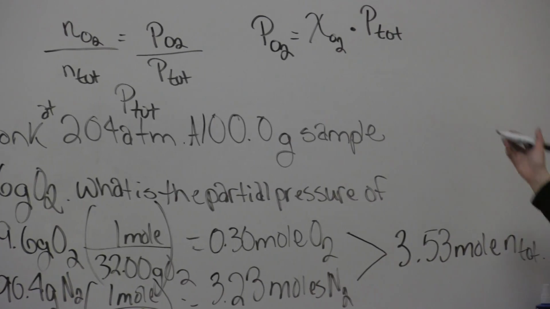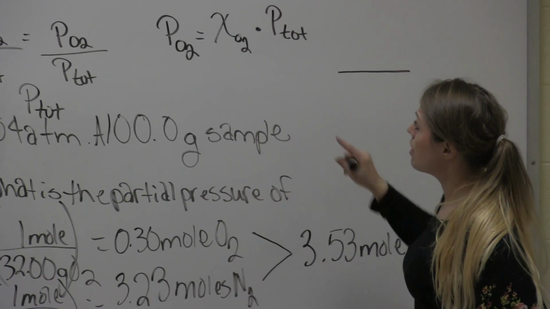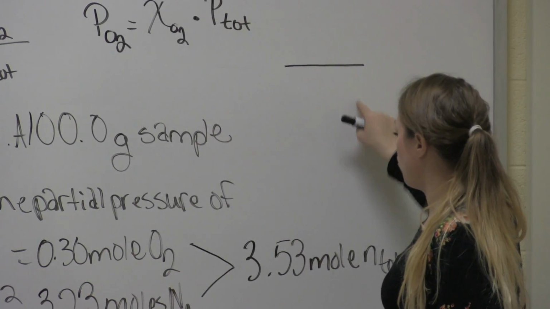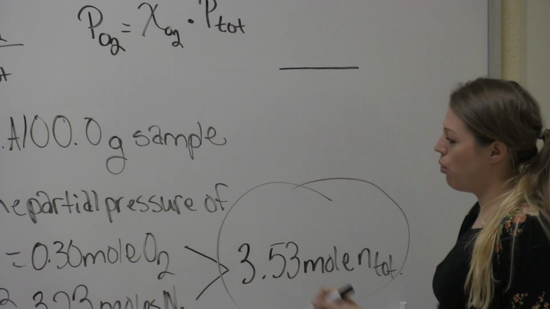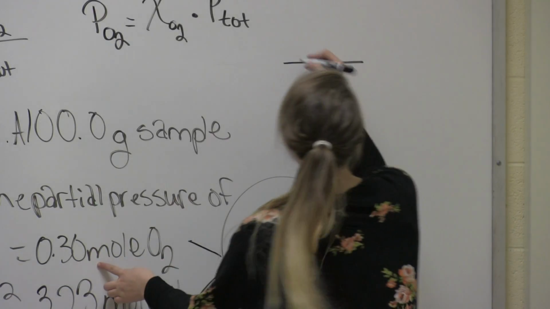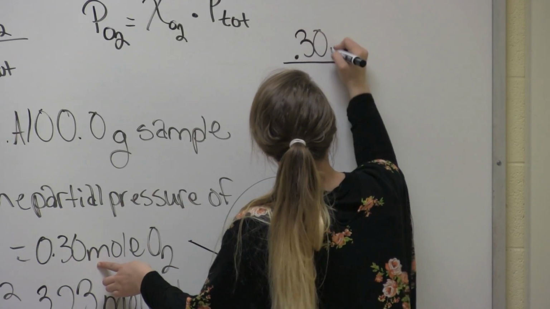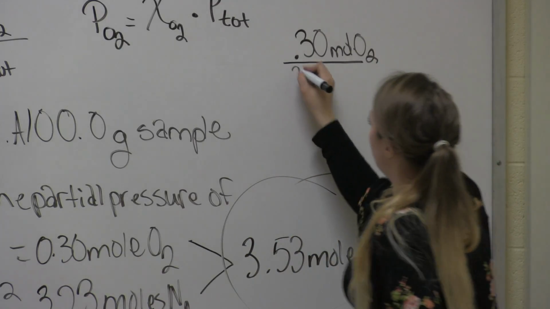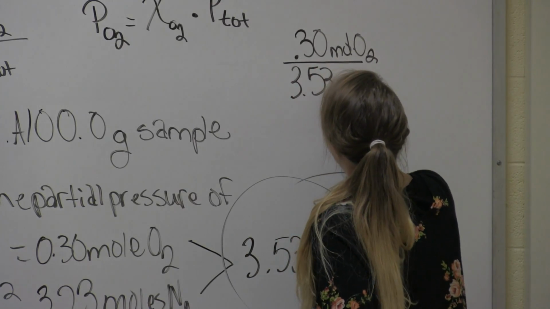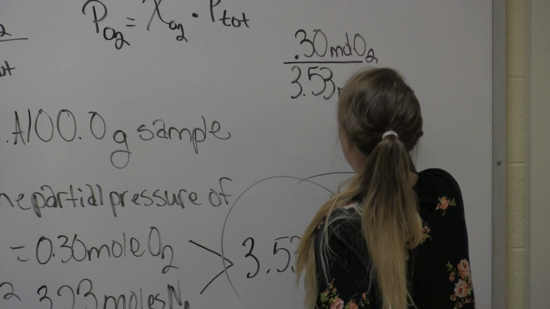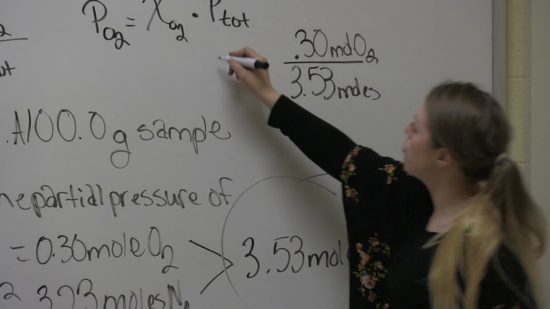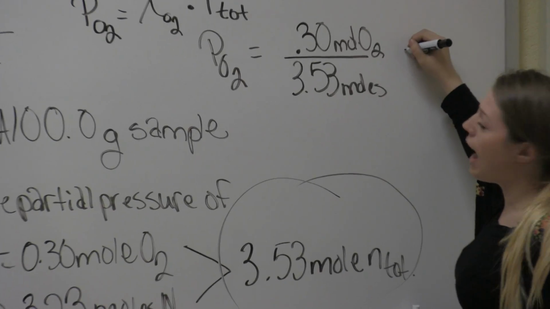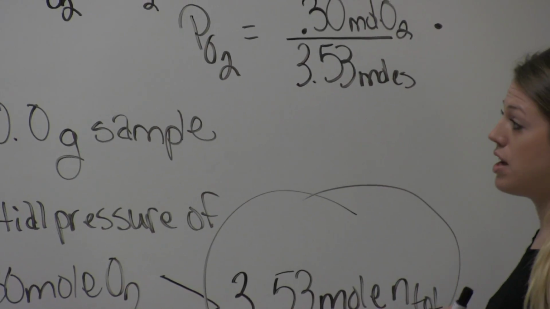So we know that mole fraction is going to be the amount of moles of what you want divided by that total mole. We have the total in the container. So the moles of oxygen is 0.30 mole of O2, and we're going to divide it by the total. Okay, we also, in order to find the partial pressure of oxygen, we have to multiply it by the total pressure exerted in the container.